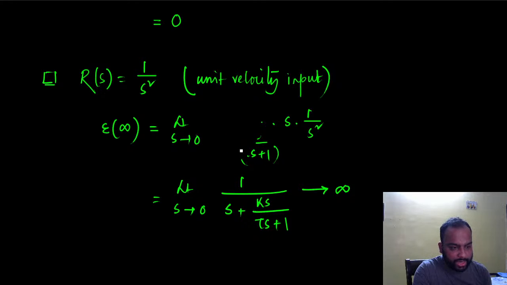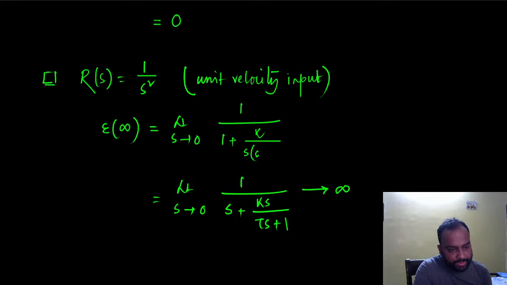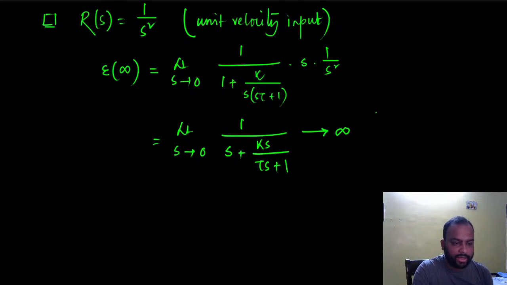So I would have 1 by 1 plus K times s(tau s plus 1), and then I would have s times 1 by s square. I would have one s here, so I would have another s here, thanks to the transfer function. Now let's see the calculation.